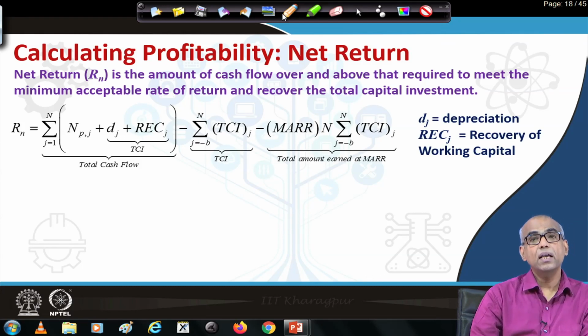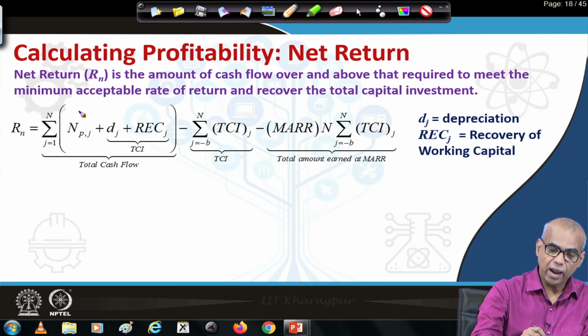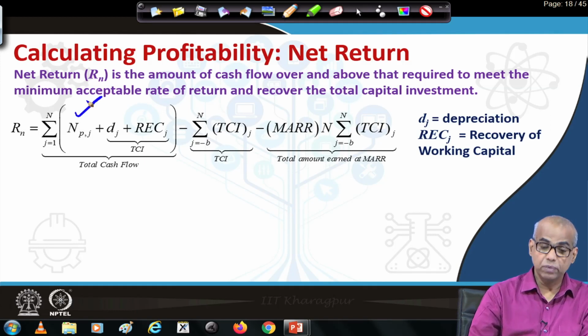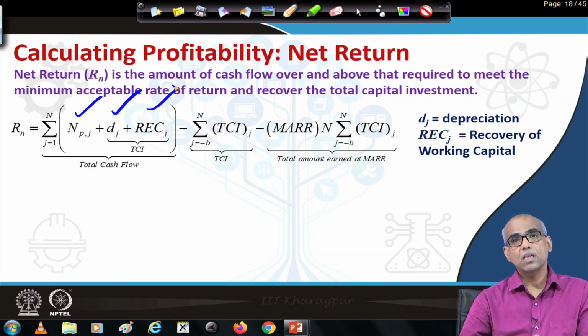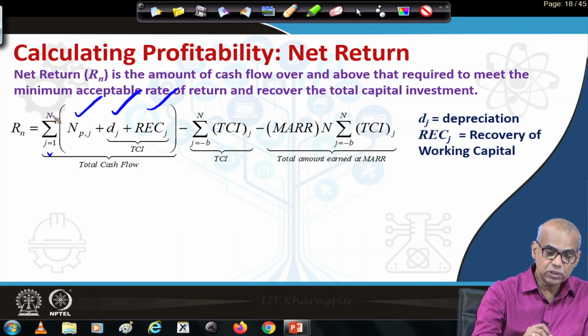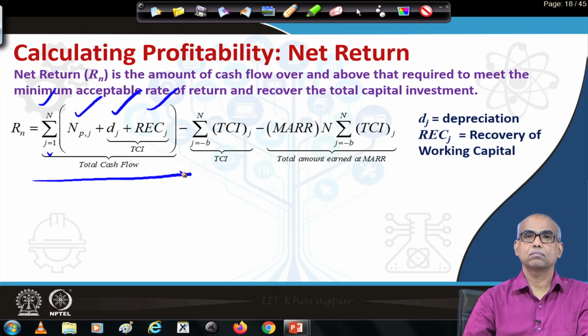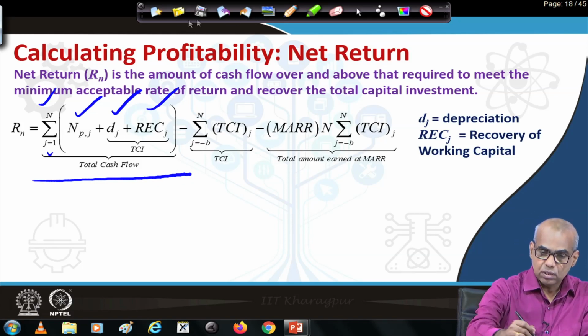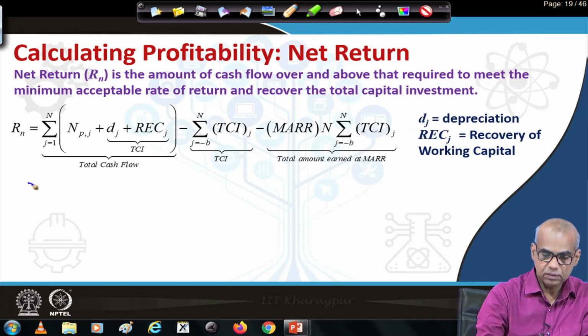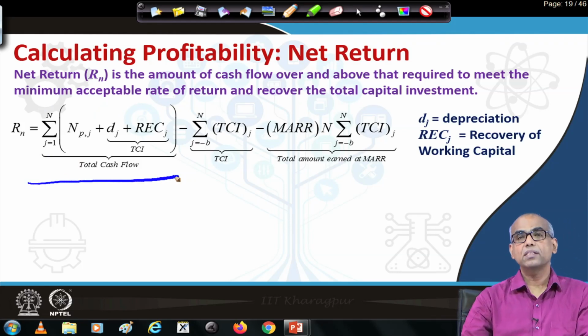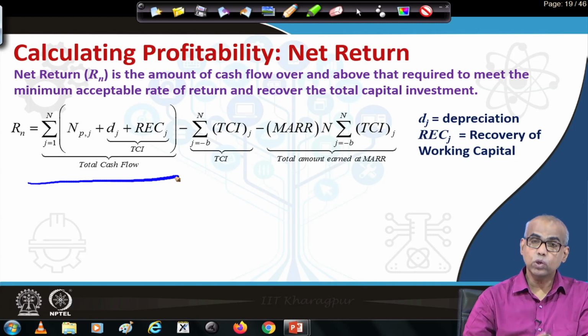So, over the entire life of the project, when we add the net annual profit, annual depreciation and the recovery of the working capital, and these quantities are summed over the entire project life, what we get is the total cash flow for the project. So, the first part in the right hand side represents the total cash flow in the project.